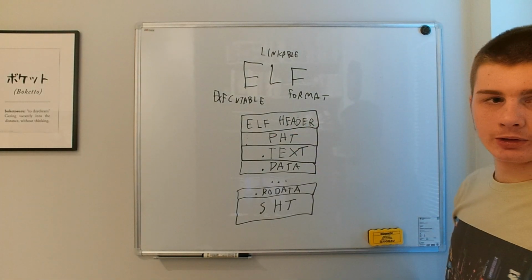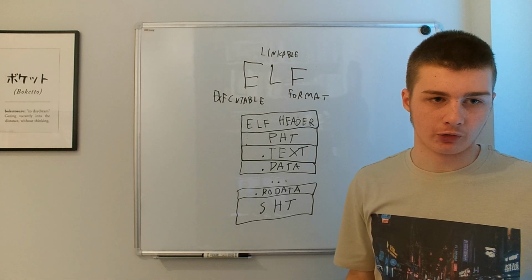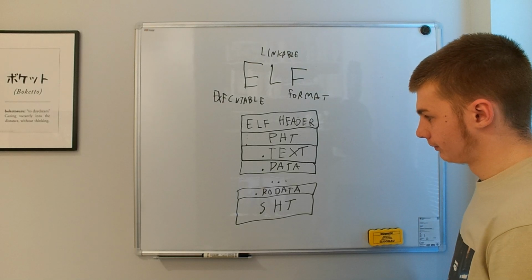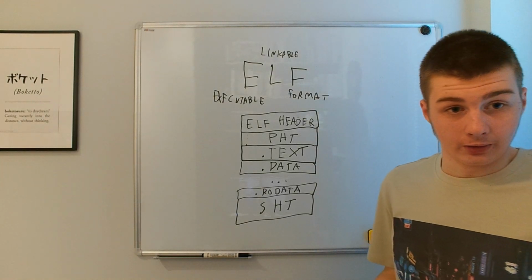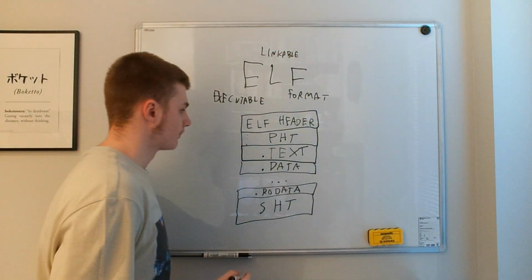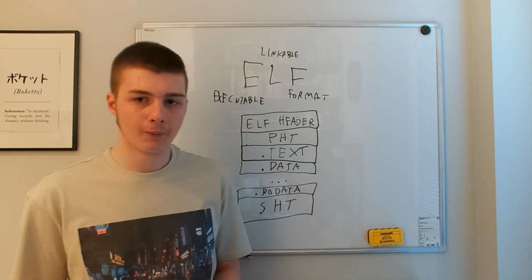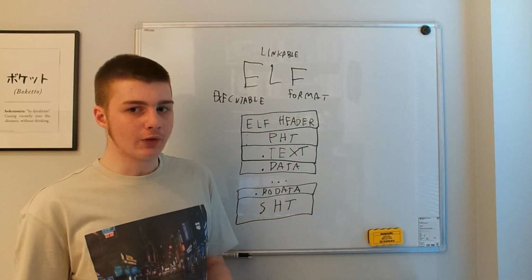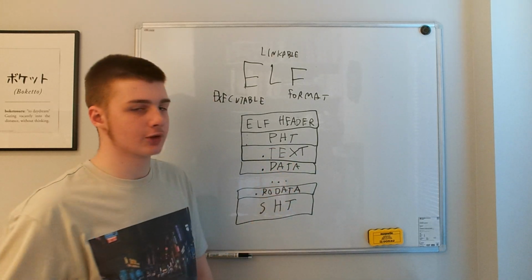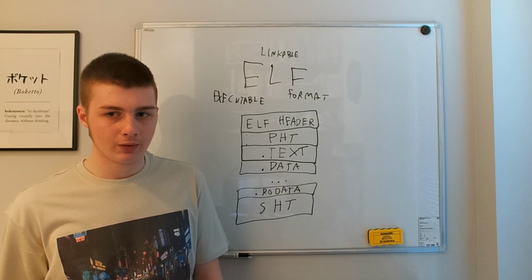The ELF header contains very general information about the ELF file. I'll talk about what exactly it contains in a minute or so. Then the program header table contains information about these different sections of the ELF file.